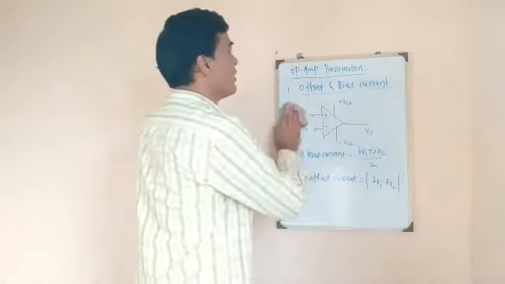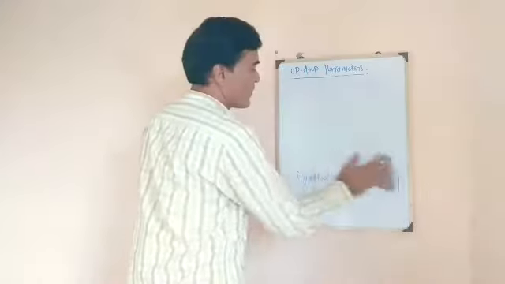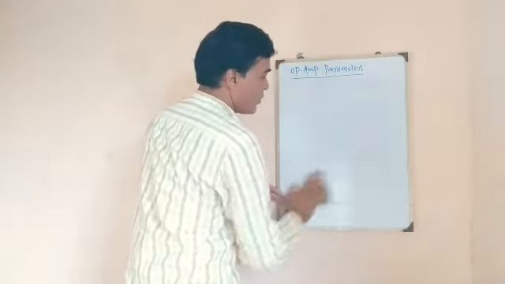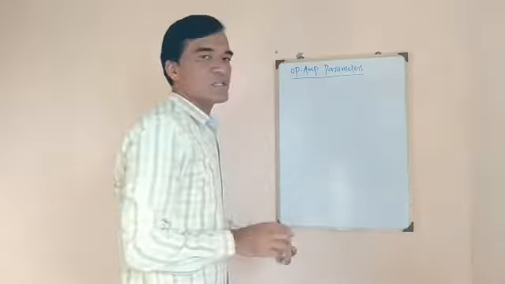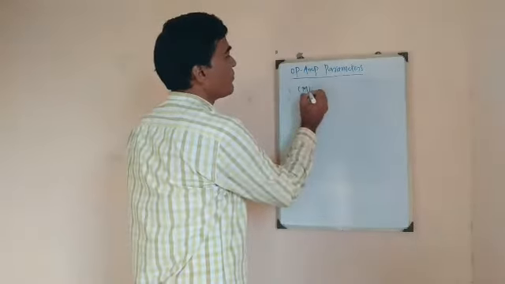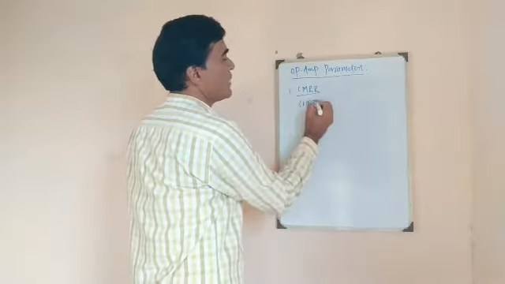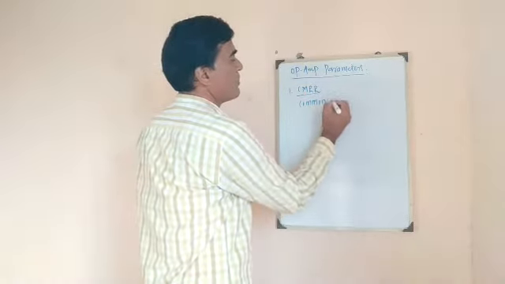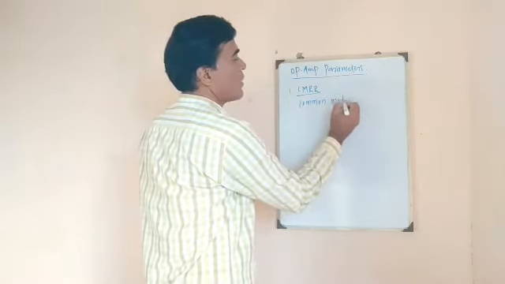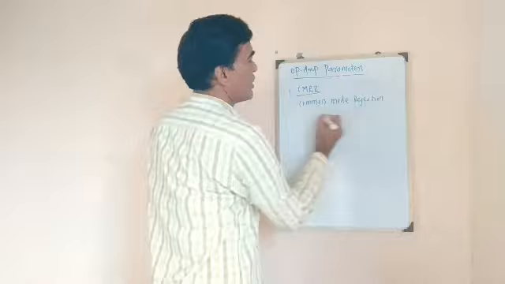So two more important parameters are common mode rejection ratio and slew rate. Let us first discuss common mode rejection ratio, most commonly abbreviated as CMRR.